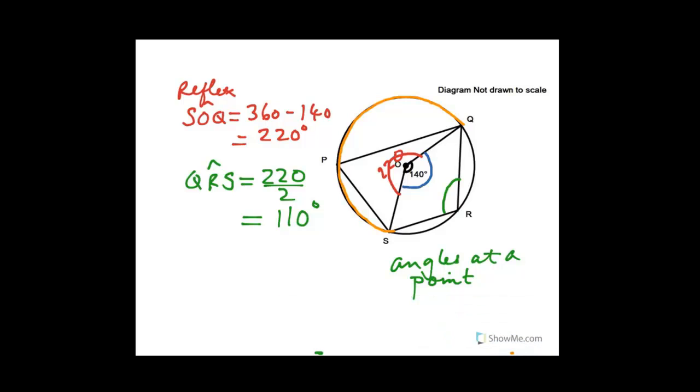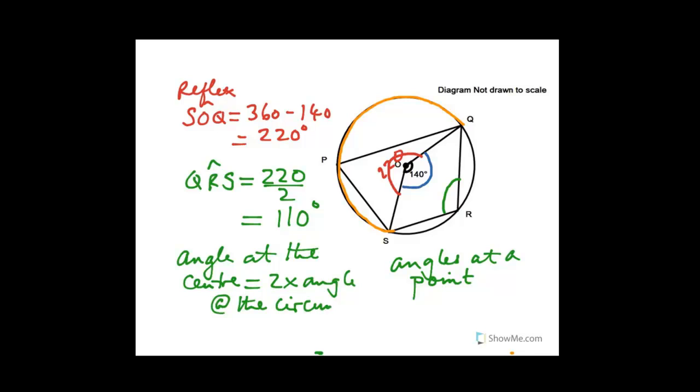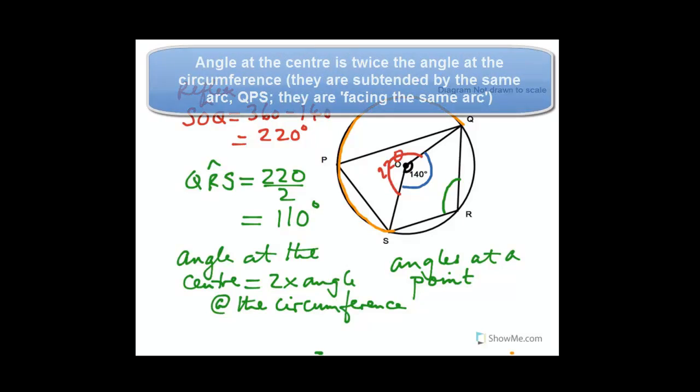And the second reason, which I've already written for you earlier on, is that the angle at the center is twice the angle at the circumference. There's nothing wrong with using that at symbol.